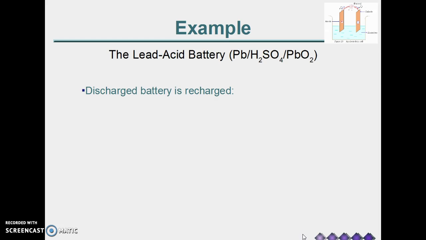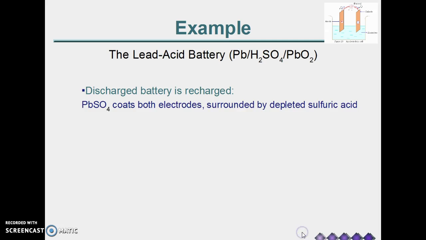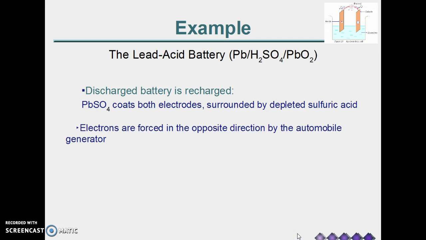This of course is critical because you need that battery to last for even years. Lead sulfate is coating both electrodes. You've got depleted sulfuric acid around it. You've got to force electrons now to go in the opposite direction. The automobile generator is hooked up to the battery, and it does force electrons to go in the opposite direction.